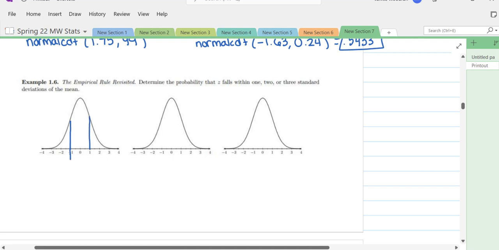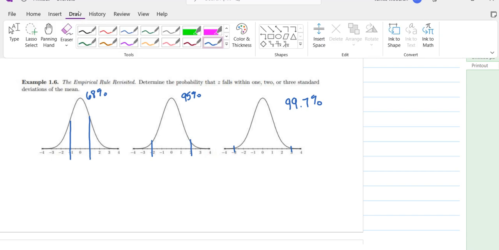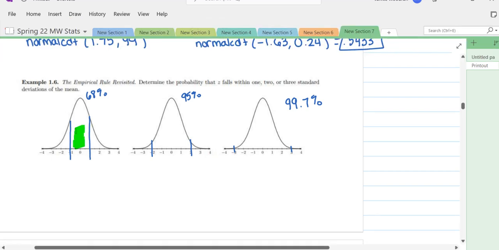That's 3 standard deviations. 68% within one standard deviation of the mean, 95% within 2 standard deviations, and 99.7% within 3 standard deviations. Check it. Okay, I'm going to color these in first. So this should be 68% when I look this up within one standard deviation. This should be 95%, and this should be 99.7.